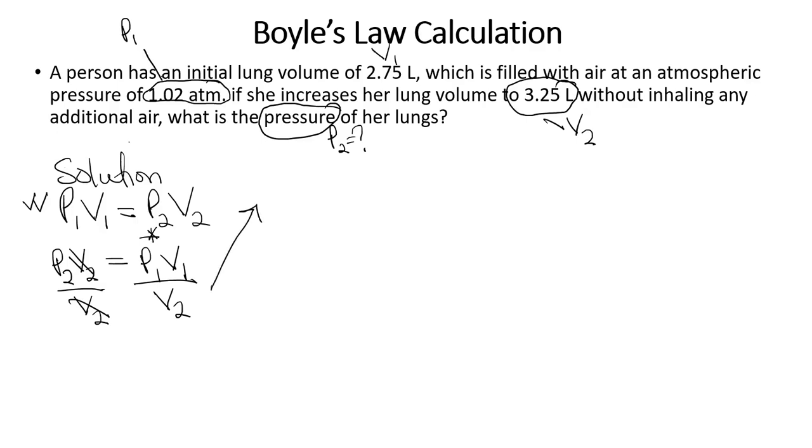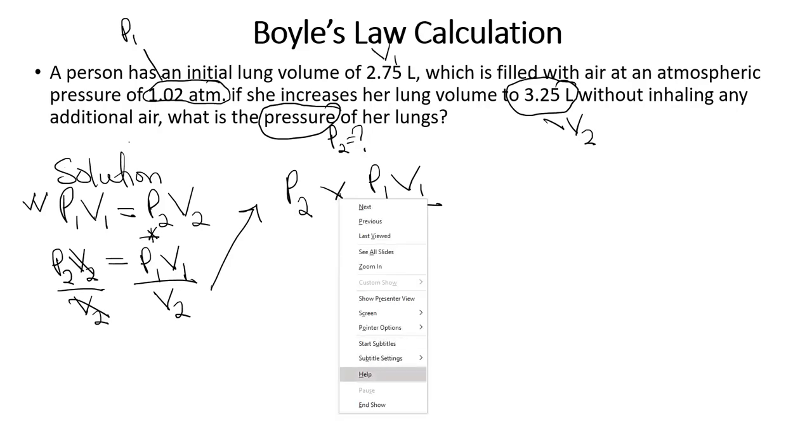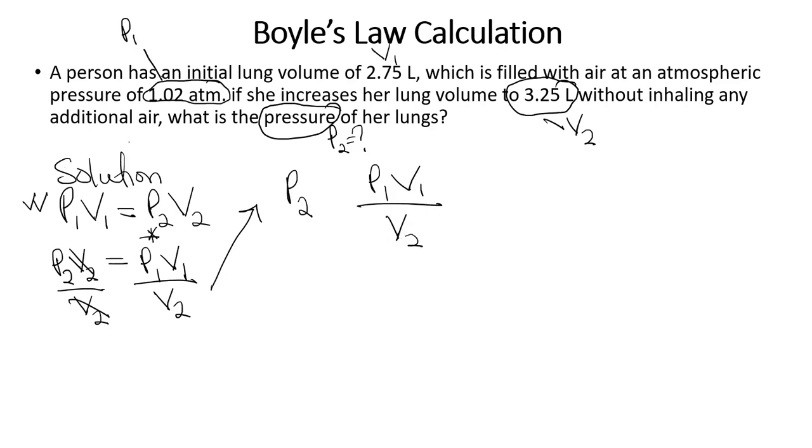Then I am going to have P2 is equal to P1 V1 divided by V2. Now I'll just slot in the values.